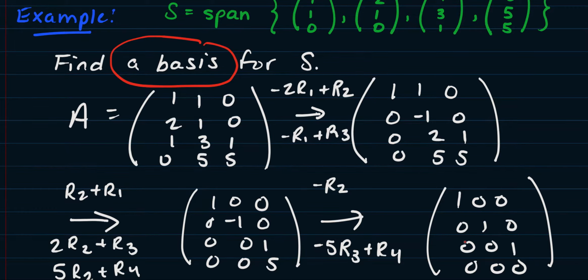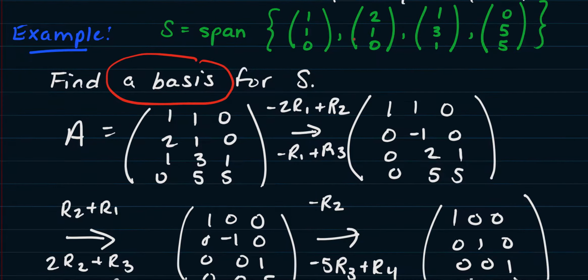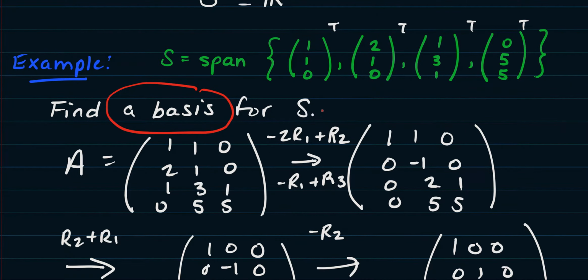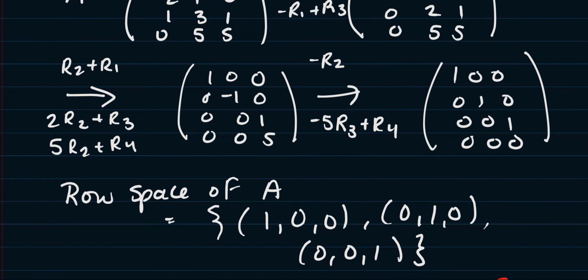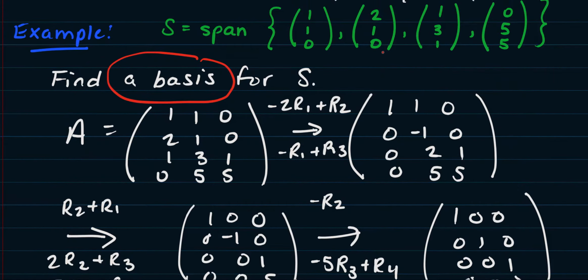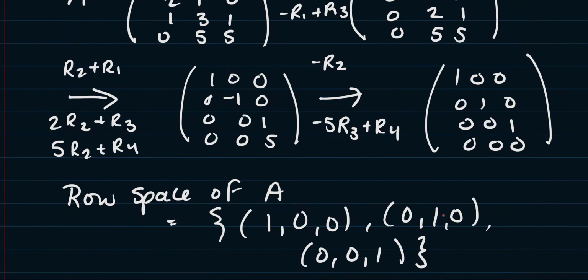Now we could get something else, depending on what the vectors are. This is just a nice way to find a basis. And look, you can see that all of these vectors are linear combinations of these.